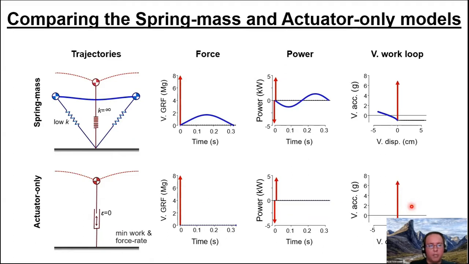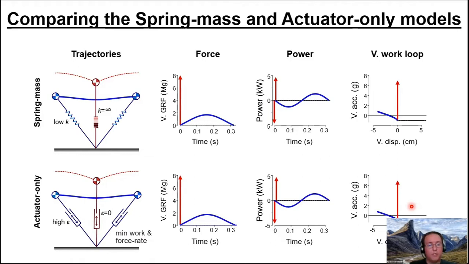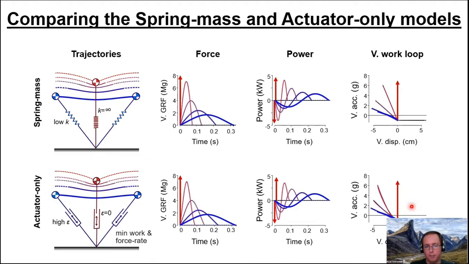But it turns out that you can basically replicate the solution in the actuator-only model if you also include this force rate cost. If force rate is a really high cost, then you also get this grounded run solution. And in fact, you can even get every solution in between these two extremes, and they look nearly identical in both cases.